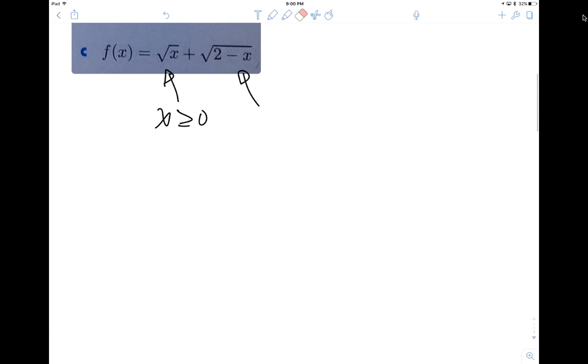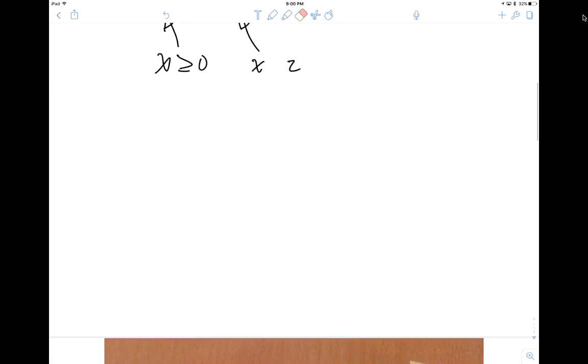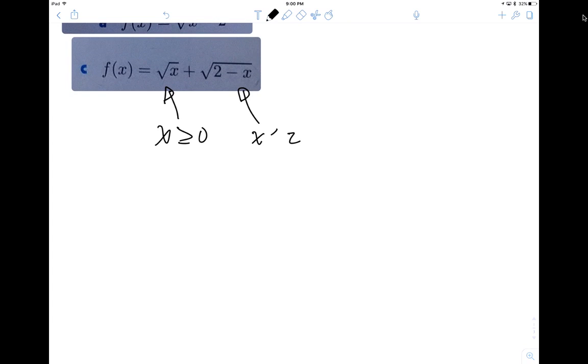But anything that's greater than 2 will not be fine. So let's just write it in terms of domain. What's good is anything that is less than or equal to 2.